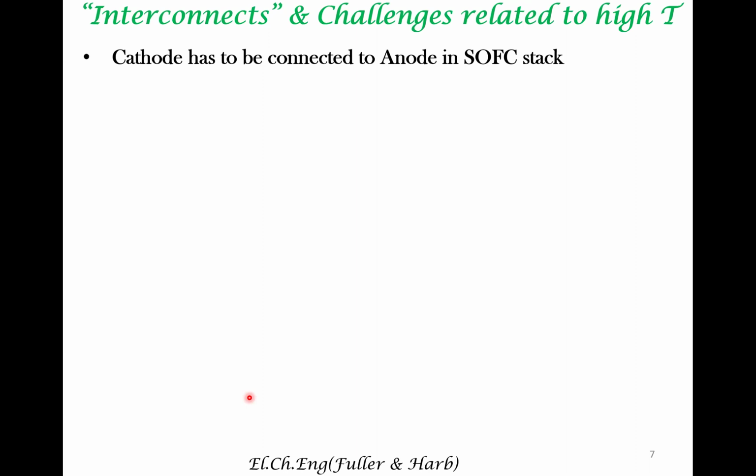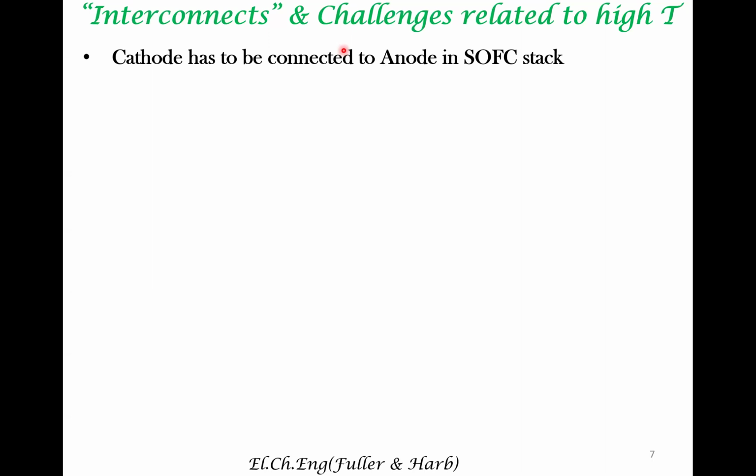In addition, in an SOFC stack, what we mean by that is, if you have one anode, cathode and electrolyte, that is referred to as a cell. A bunch of cells put together forms an SOFC stack. In this SOFC stack, the anodes have to be connected with cathodes.